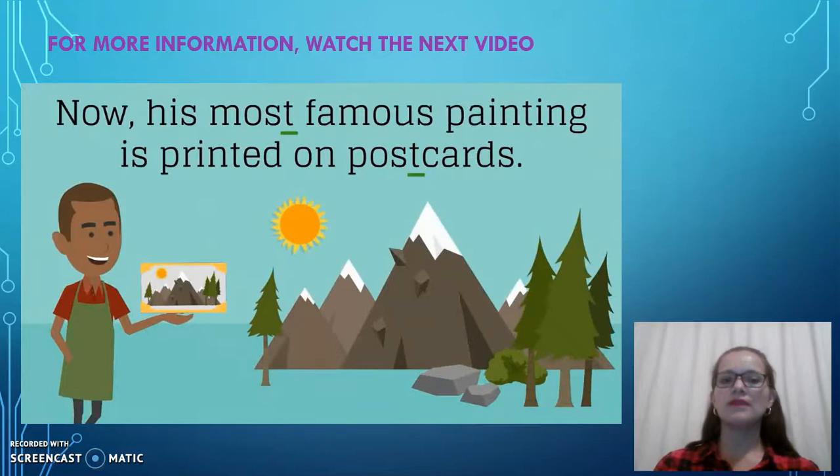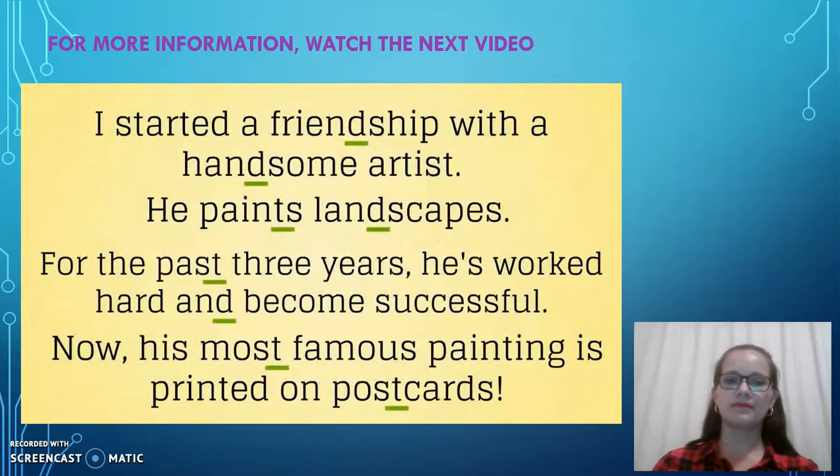Now, his most famous painting is printed on postcards. I started a friendship with a handsome artist. He paints landscapes. For the past 3 years, he's worked hard and become successful. Now, his most famous painting is printed on postcards.